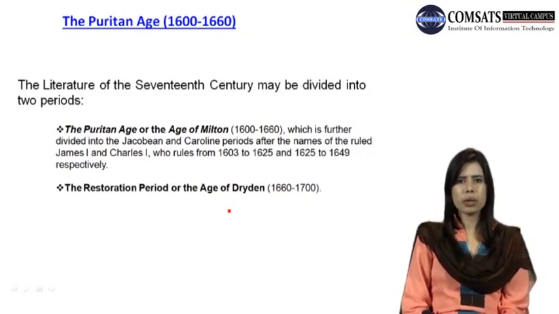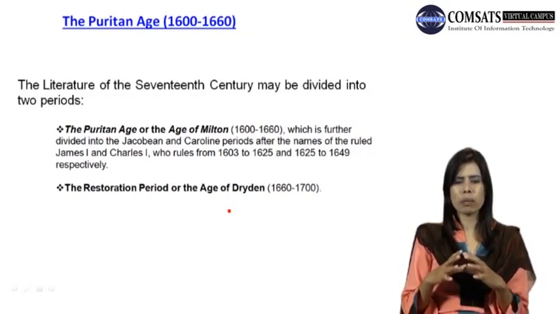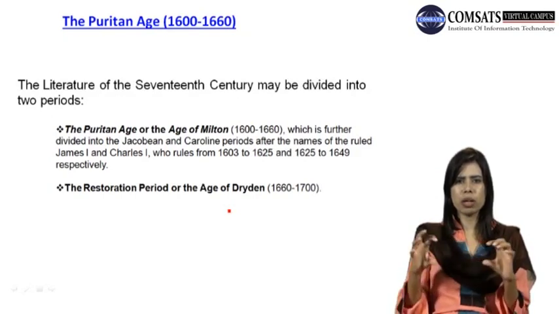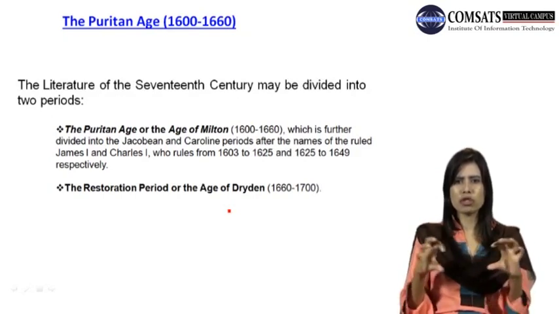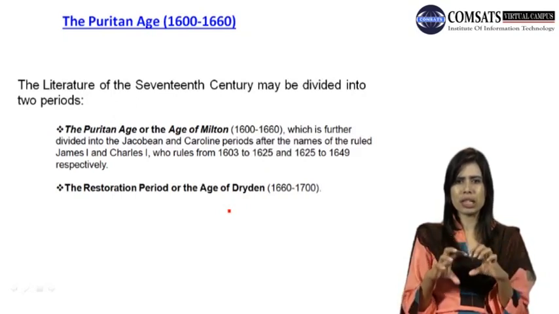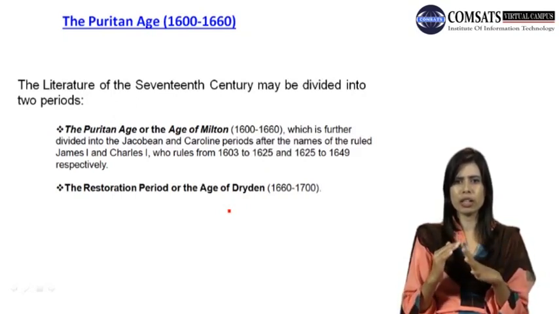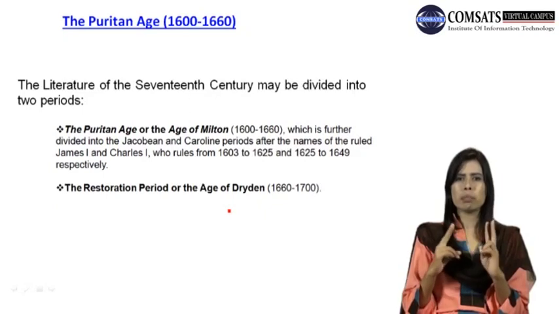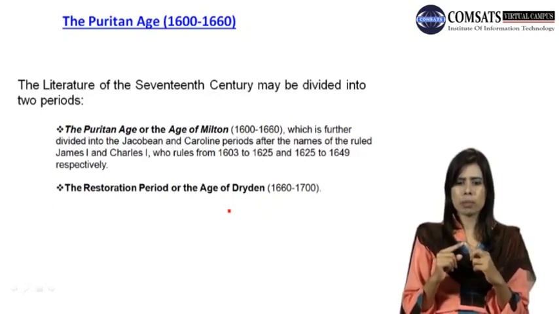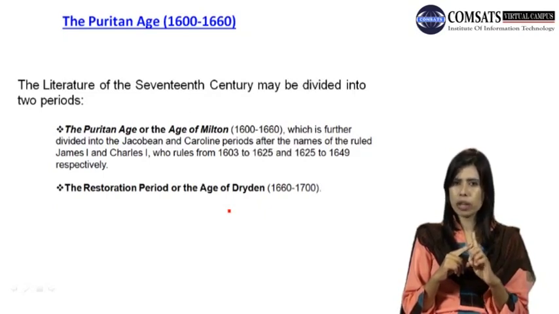So my dear students, here we are talking about a full-fledged, whole century of literature, that is 17th century literature, and we have divided it into two parts. One is the Puritan age and the other is the Restoration period, that is the age of Dryden.